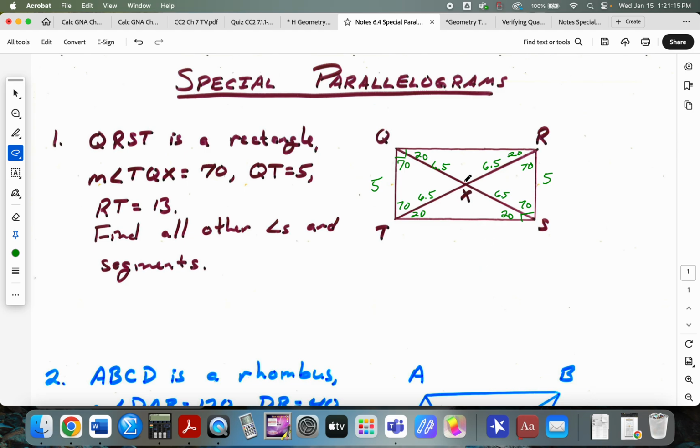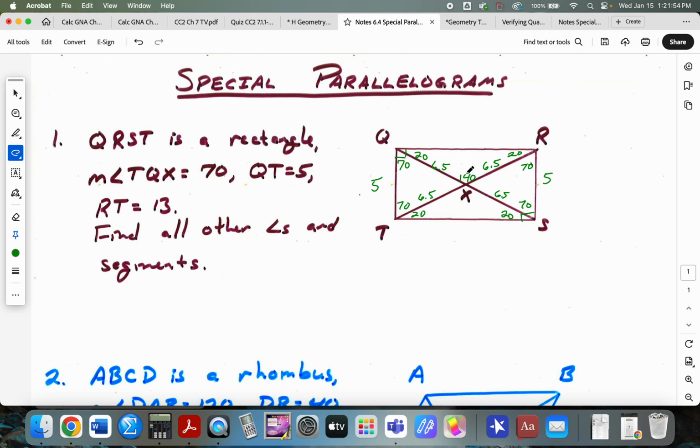All right, we only have the angles where the two diagonals meet to find. How can I find those without doing any subtracting? These angles here in the middle. So 70 plus 70 makes 140, which means that angle QXR is 140.